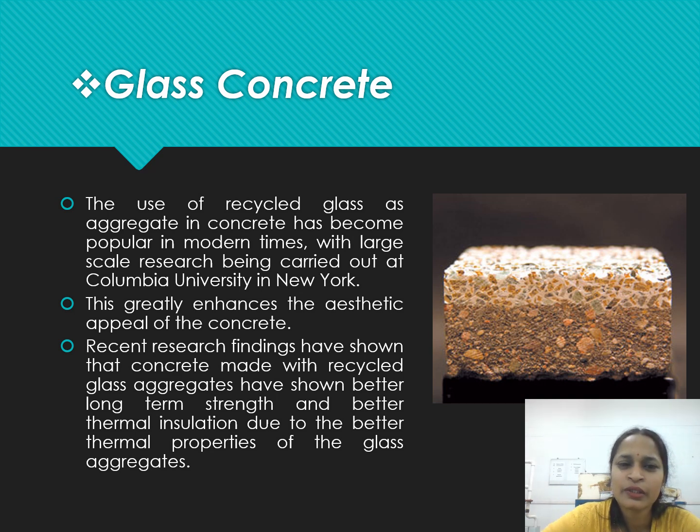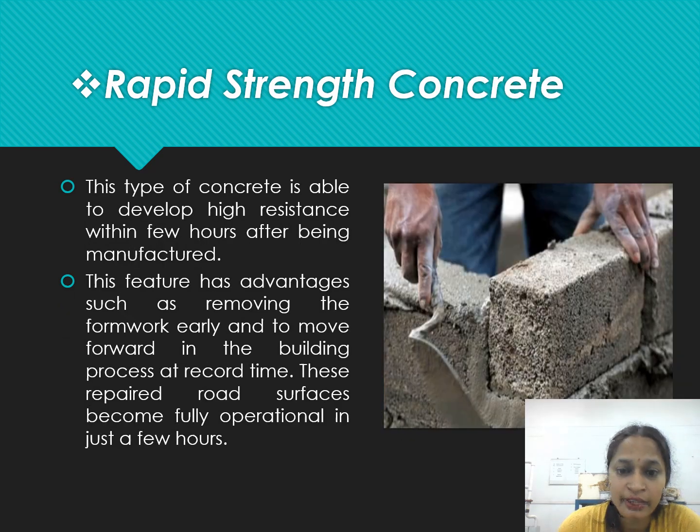Coming to the glass concrete. This is old technology actually, the recycled glass as aggregate we use in this, and it gives a very beautiful, aesthetic, appealing look to the concrete. And recycling of the used product is also there, and thermal insulation is good in this due to the thermal properties of glass aggregate.